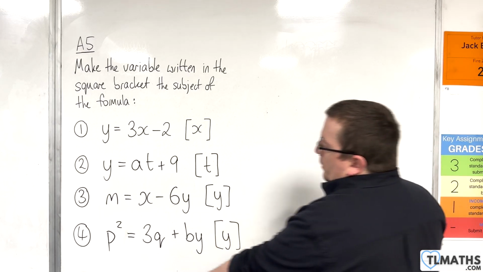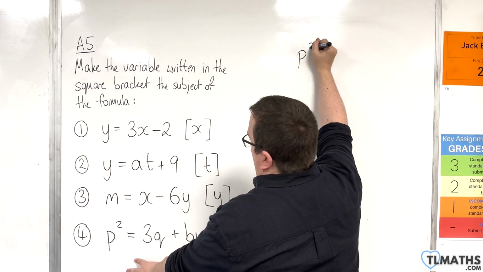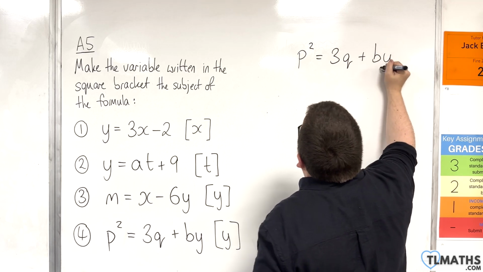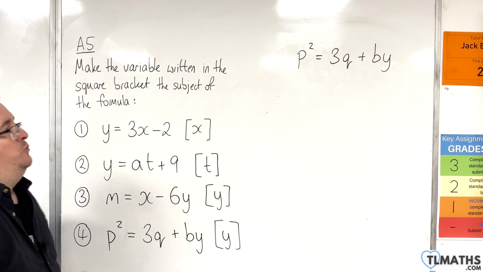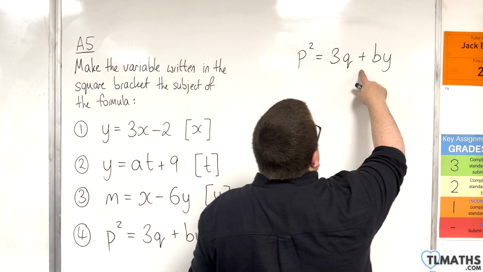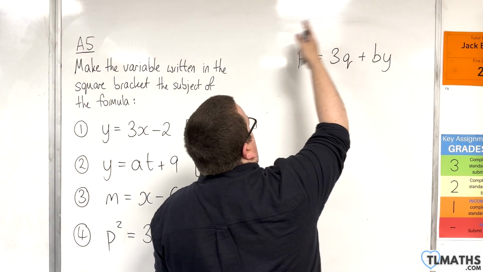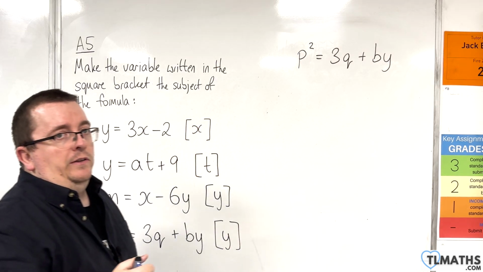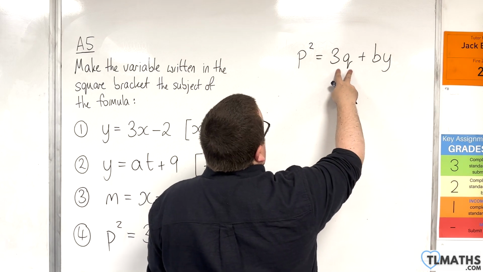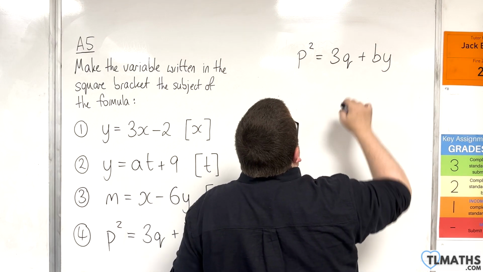Right, number 4, we have p squared equals 3q plus by. And I want to make y the subject. Now, because I've already got that plus there, I'm not going to subtract by from both sides. Okay? So I would subtract the 3q from both sides to isolate the by.